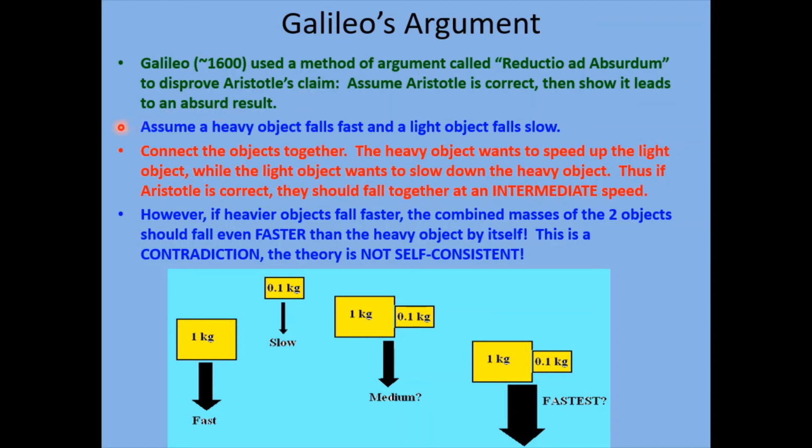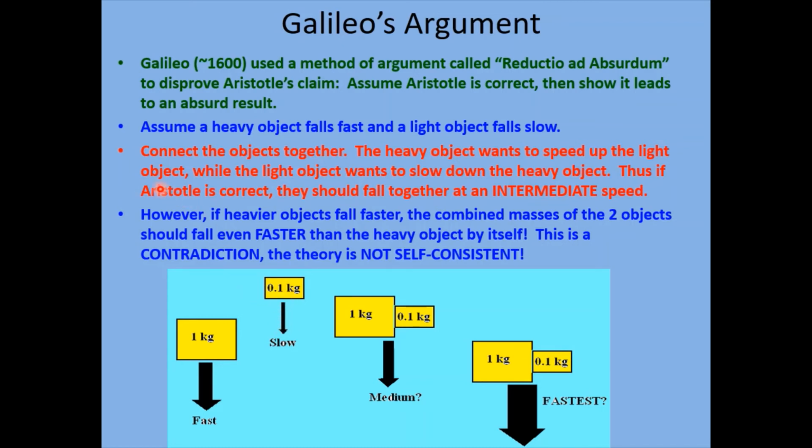So Galileo said, okay, let's assume that Aristotle is right and that a heavy object falls fast and a light object falls slow. So in this picture over here on the left, here is our heavy 1 kilogram object. We're going to assume that it falls very fast, and then the lighter object here falls more slowly.